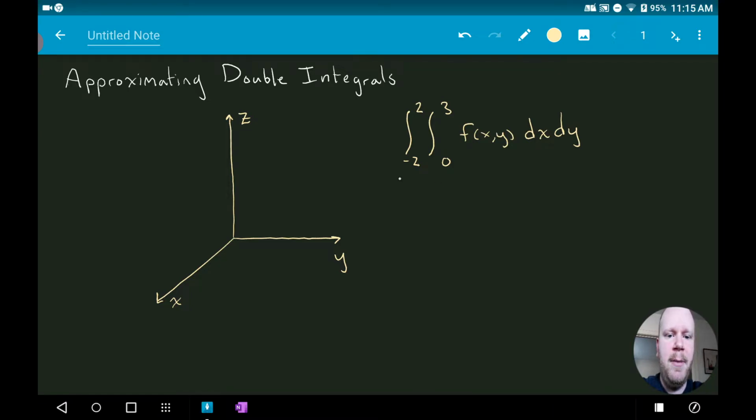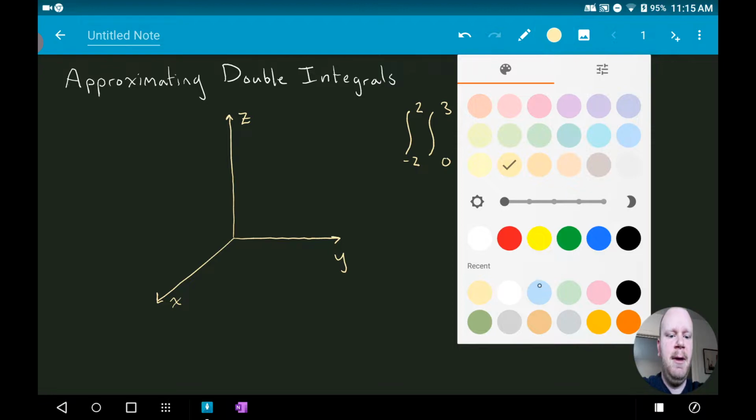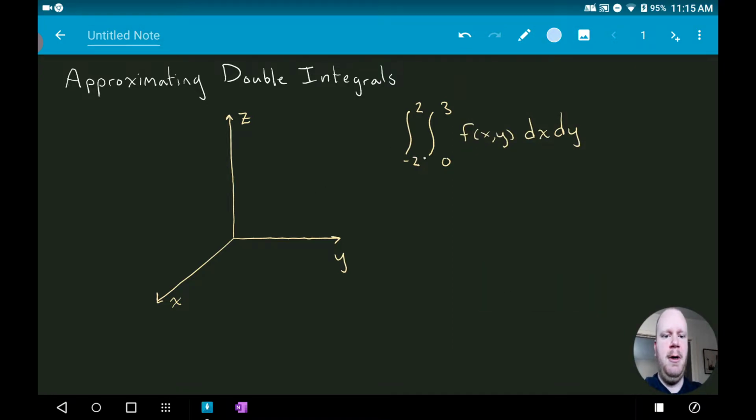The basic parts of this are these numbers here, which represent the region that our double integral is over. So it looks like x in this case is between 0 and 3. So I'm just going to draw that region, 0 and 3 down here.